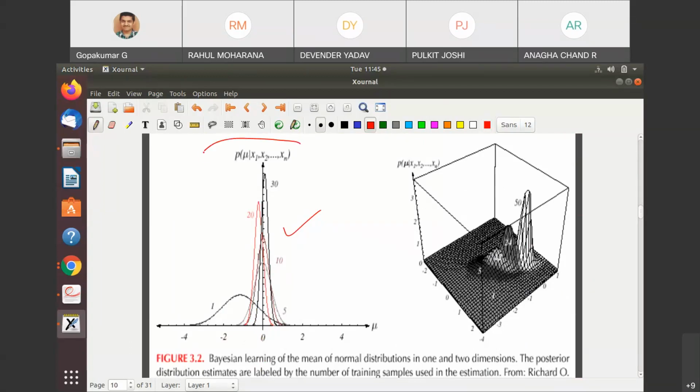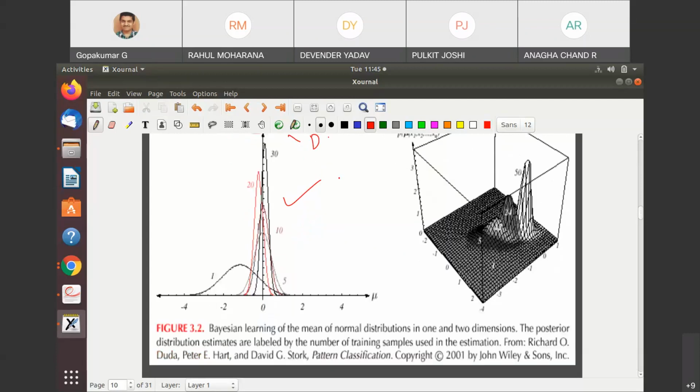We are plotting the probability of mu given D, because D is nothing but x1, x2, up to xn, and here mu is along the x-axis. Here we have only one training data point.